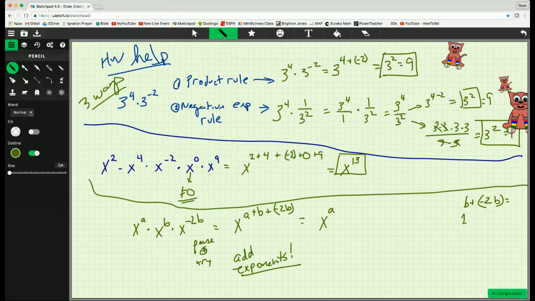That's like a 1b plus a negative 2b, and 1 plus negative 2 is negative 1, so that's negative b. So a plus negative b is equal to x to the a minus b.